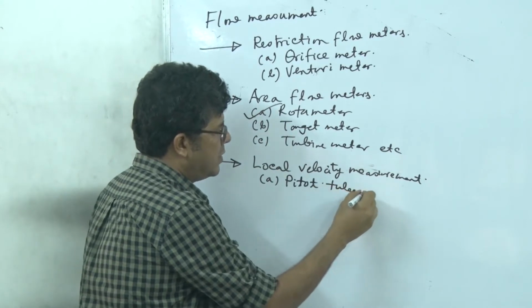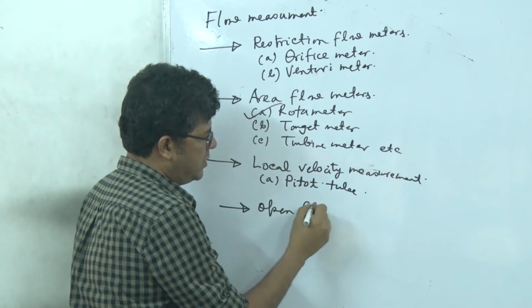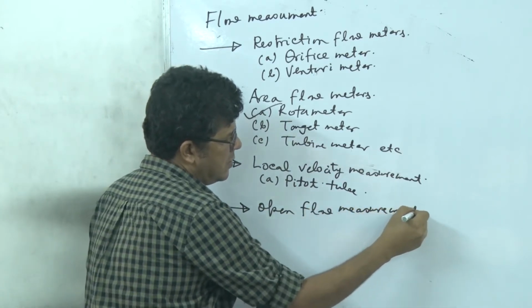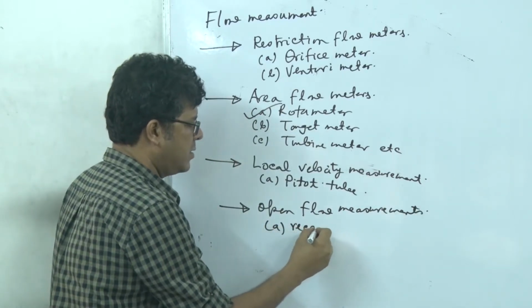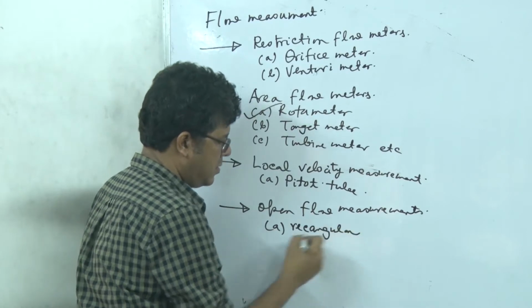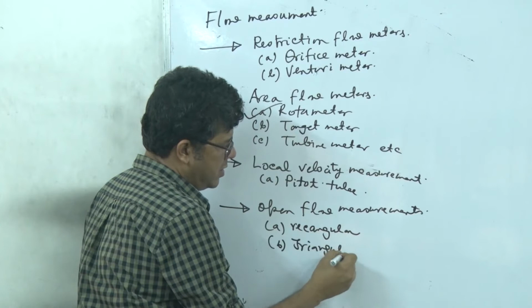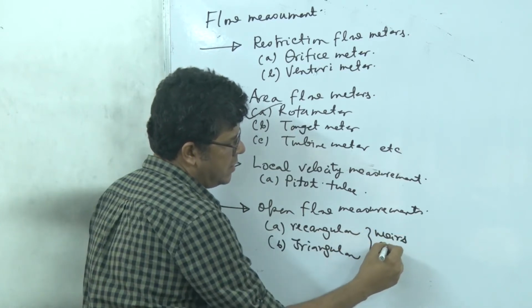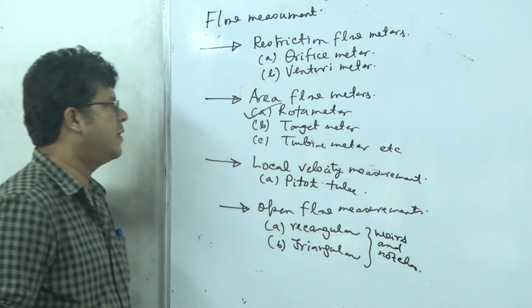Pitot tube, and then open flow measurement, where we will have rectangular and triangular weirs and notches. That's the overall scope.